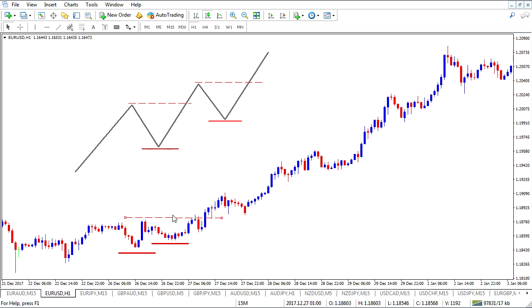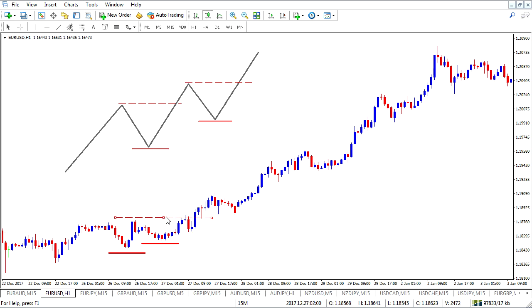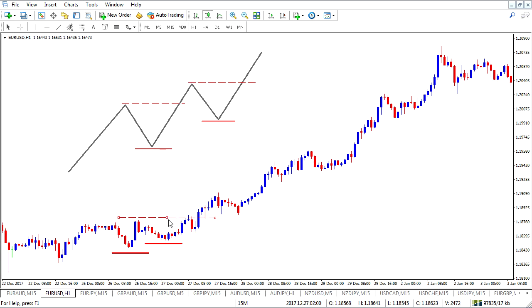Now the market makes a new swing high and comes down and moves back up again. And once we get just above that new swing high, we're going to move our stop loss to that new level.